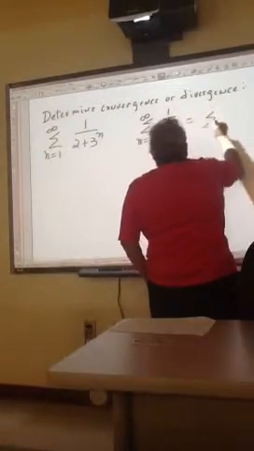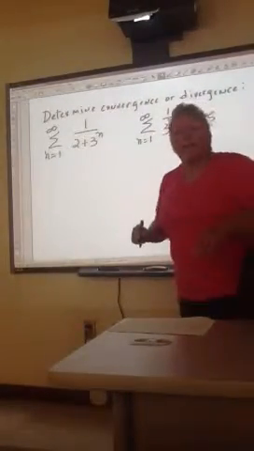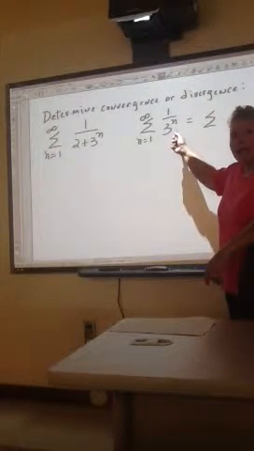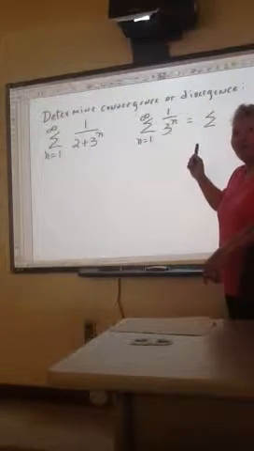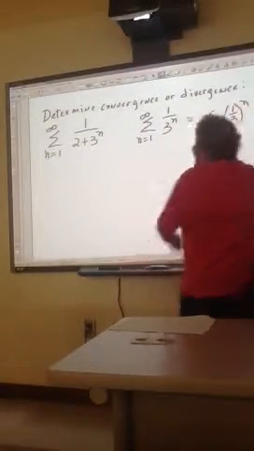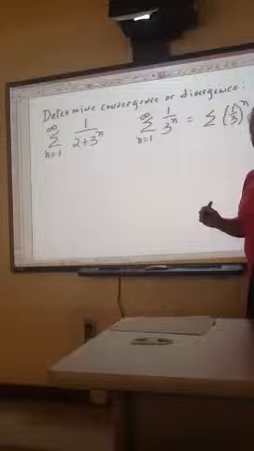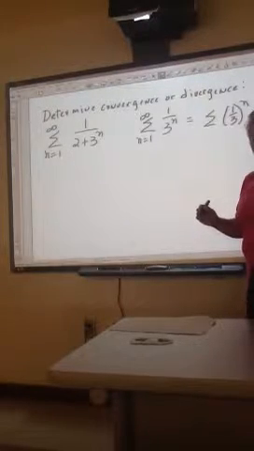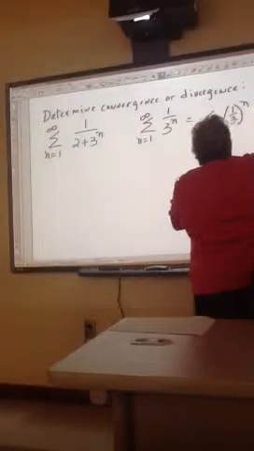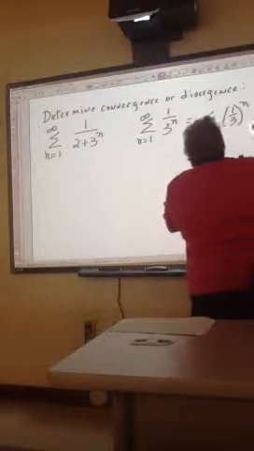Rewrite that so I can recognize it. That's 1/3, the whole thing raised to the n. That's 1/3 to the n power, which is a geometric series, and it converges.